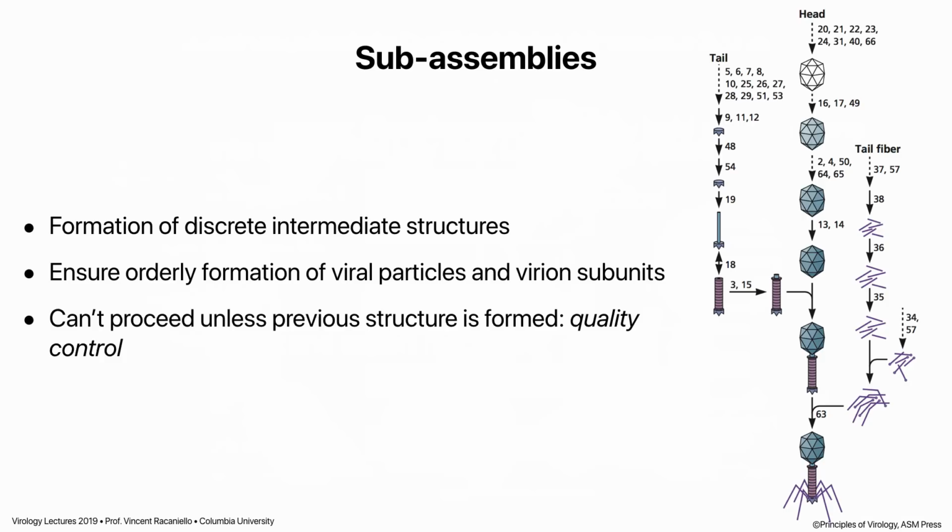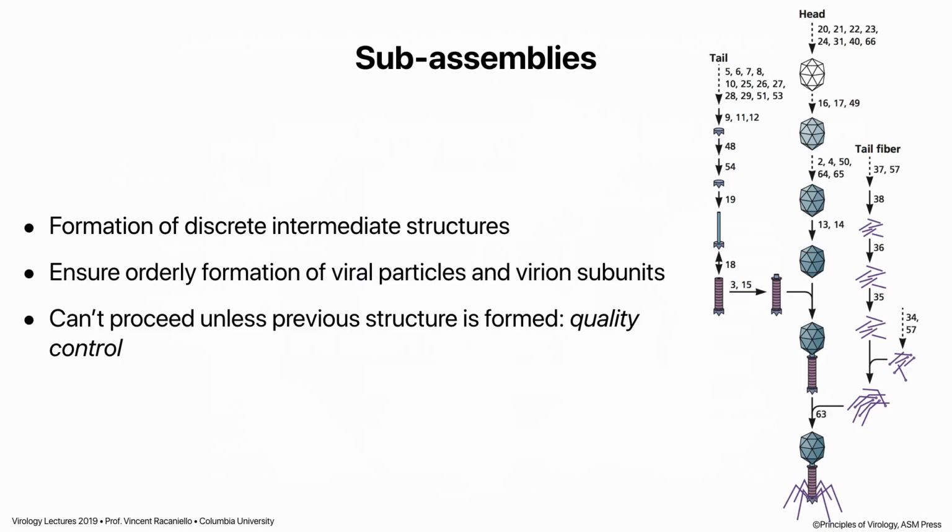Now, why would you do that? Well, for the same reason that you make a car, I guess, on an assembly line, although I could be applying a human view to that, right? You should accuse me of that. This is how we view it, that it ensures orderly formation. You do it in an order, and that way things happen the way they should, and they don't get misassembled when you put all the parts together into a cell and hope that they come together in the right way. The other reason is for quality control.